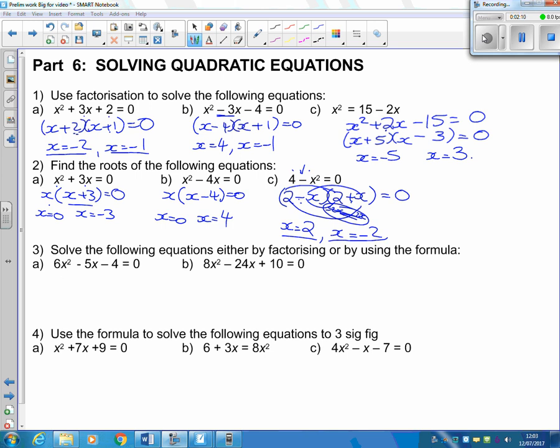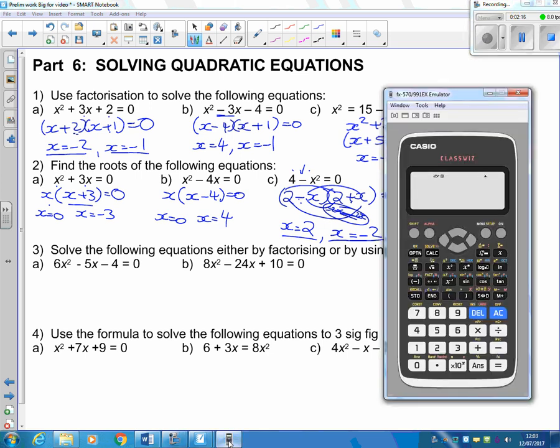For number 3, we could try and factorise this one here, or we could just grab our calculator. And the calculator has a quadratic solver function on it. We just move down a row to part A here, and we want to solve the polynomial with degree 2, because it's an x squared, and it gives us your standard ax squared plus bx plus c at the top there.